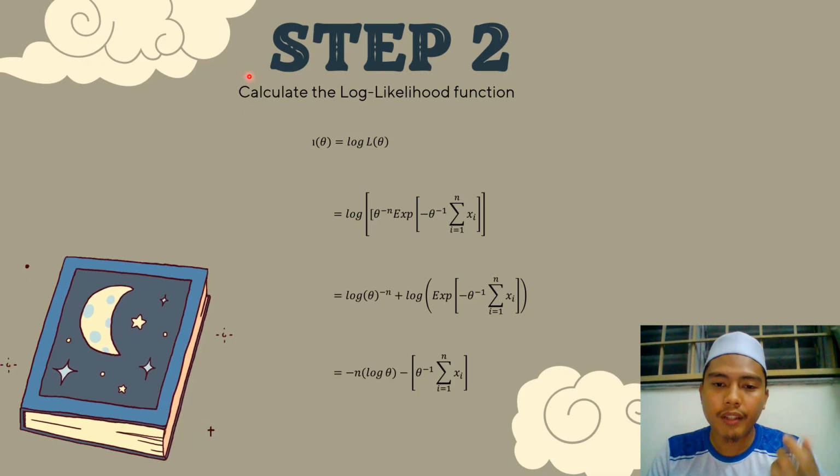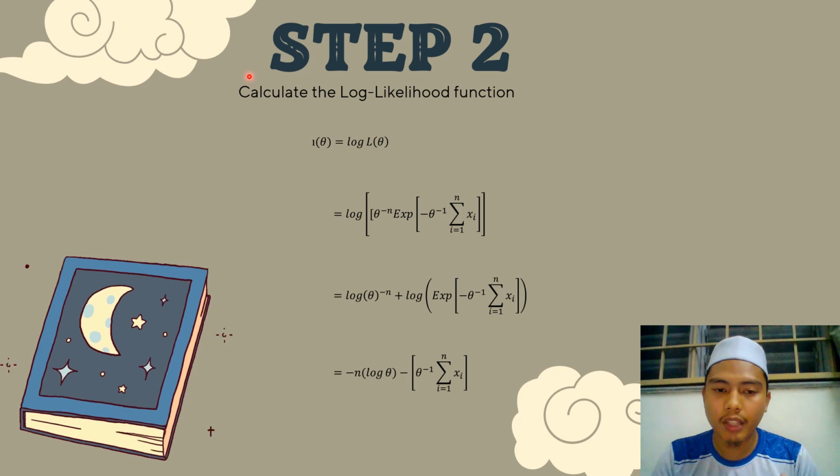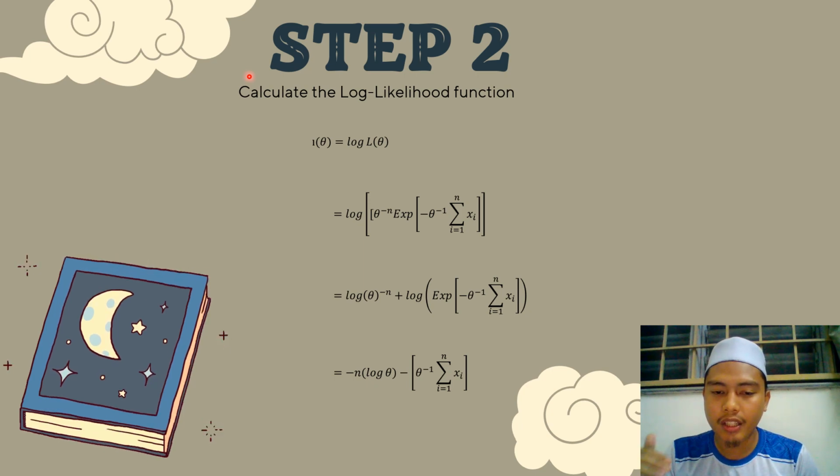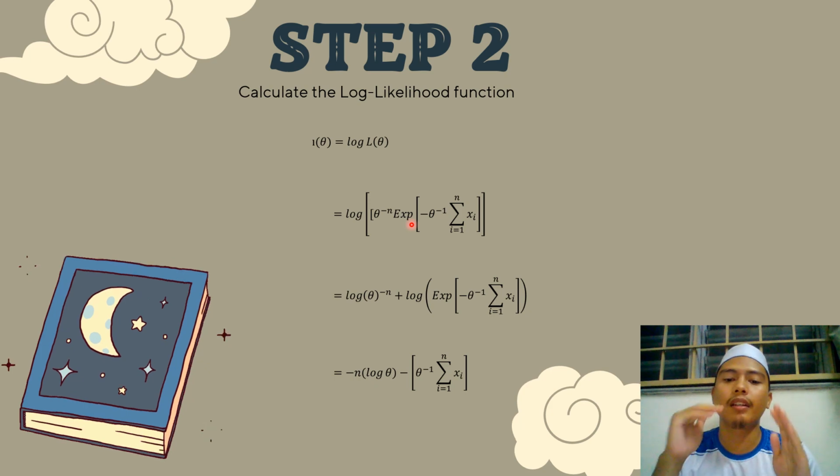We continue to step 2, where we calculate the log likelihood function. The likelihood function, from step 1, is theta power of negative n times exponent bracket negative theta power of negative 1 times summation of x.